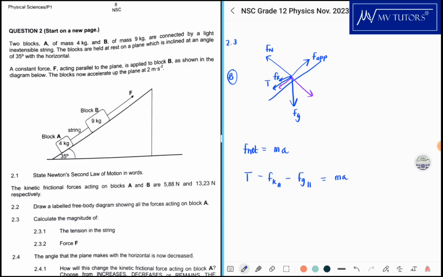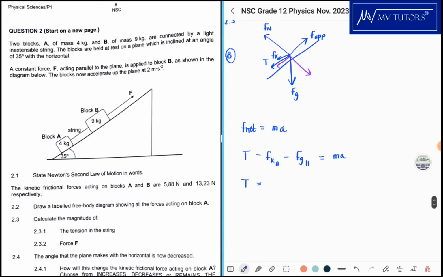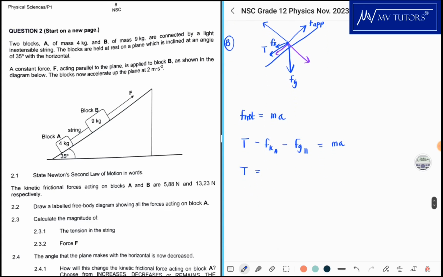All right, so please don't be troubled by the extra breathing here. I'm not alone. So now what are we looking for? We're looking for the tension in the string. So I'm going to put everything in terms of tension and take everything to the other side. So I have the frictional force for A. All right, we wrote that down. It is 5,88. So if I take friction force to the right side of the equation, I have 5,88, and the parallel component of the gravitational force.